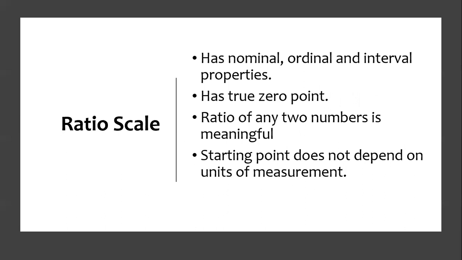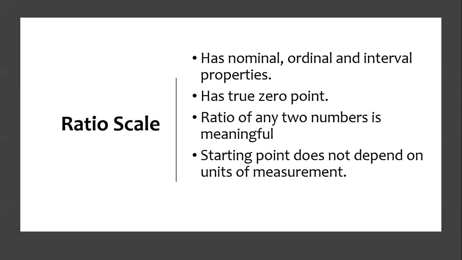So let's go to ratio scale. Ratio scale is the highest level of measurement. It has all the properties of nominal, ordinal, and interval. It has a true 0 point. The ratio of any two numbers is meaningful.